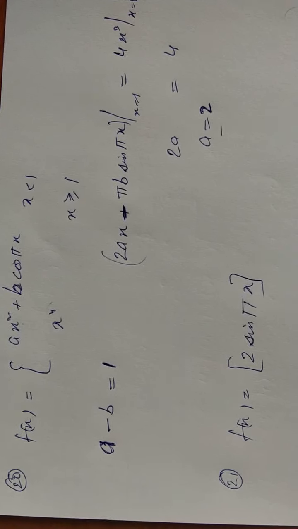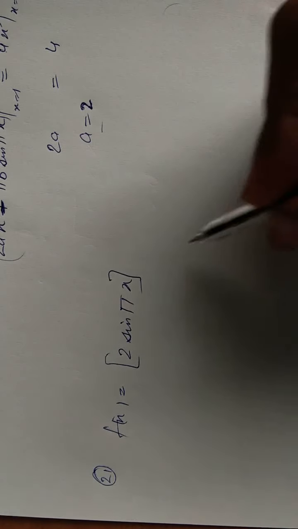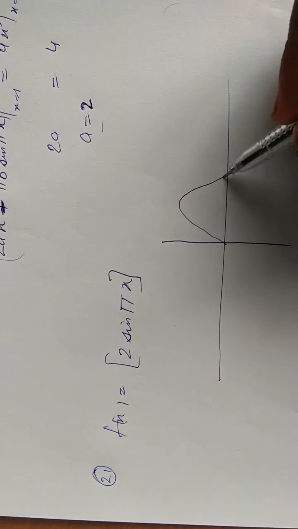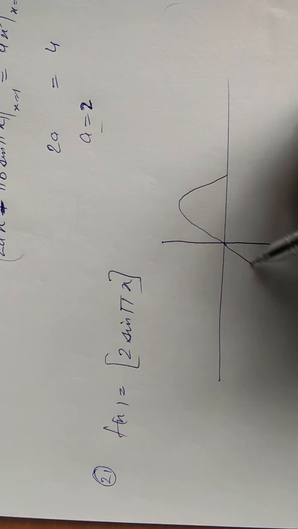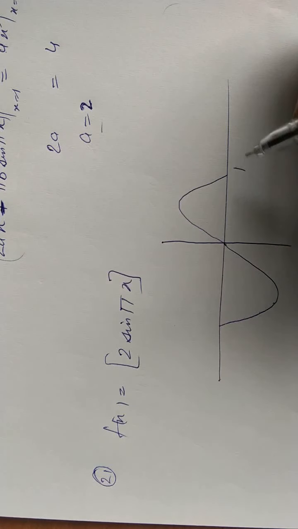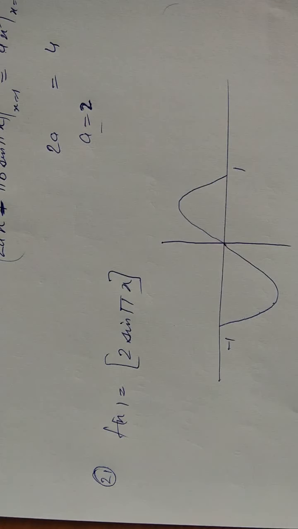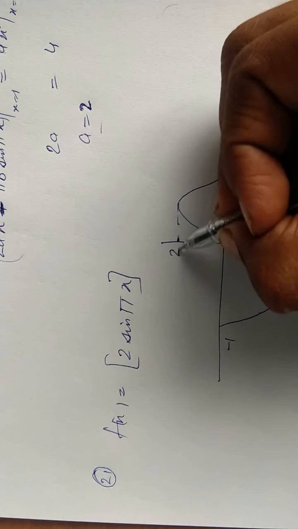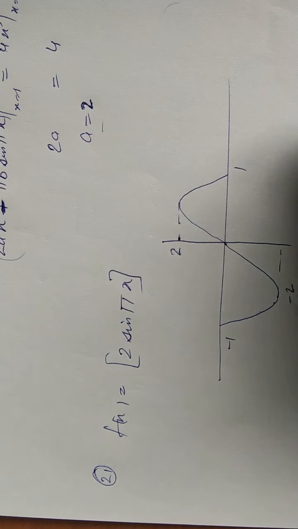So let's draw the graph for this. If x is between -1 to 1, the maximum value it is going to assume is 2 and the minimum value would be -2.